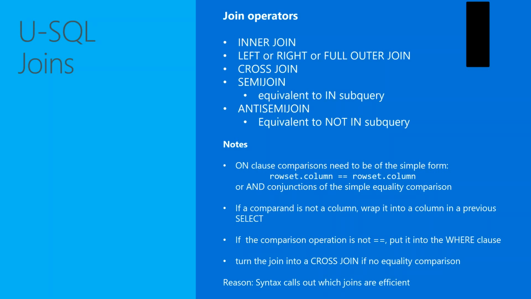Now, if the join does not have any equality comparison, then it's a cross join with the predicates inside the WHERE clause. Again, the reason why we currently have these syntactic restrictions is that it makes you aware of which joins are able to be executed more efficiently than others, so you have a feel for that.